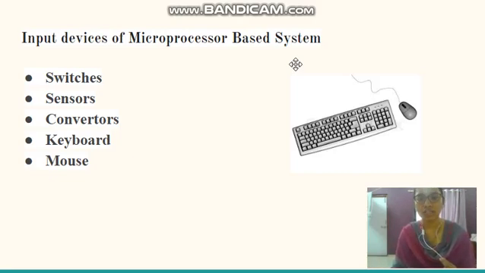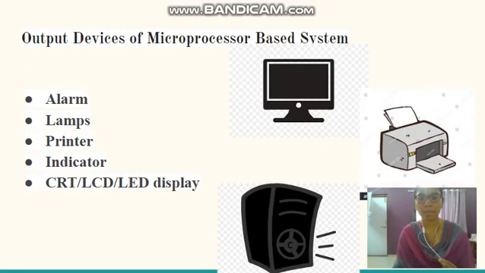So we can have number of examples. Some of it are written over here, like a keyboard, mouse, sensors, switches, converter. You can have a scanner, and so on.